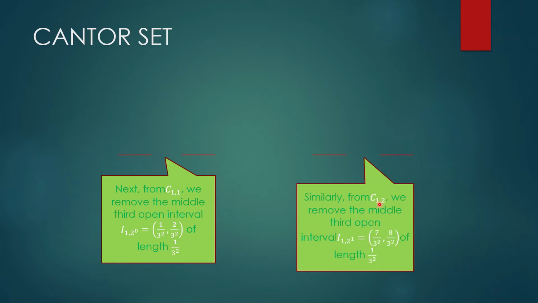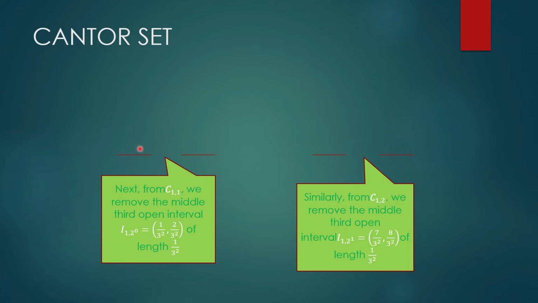Similarly, from C12 we remove the middle third open interval I12, which is exactly equal to (7/3², 8/3²), and it has length 1/3² also. The remaining parts also have length 1/3² each.